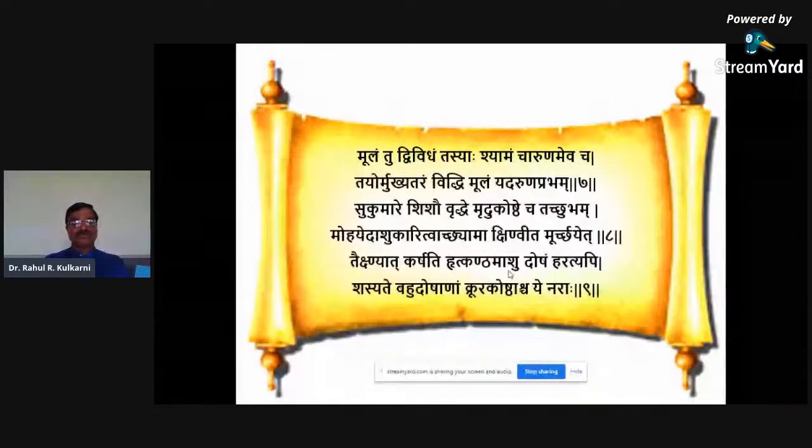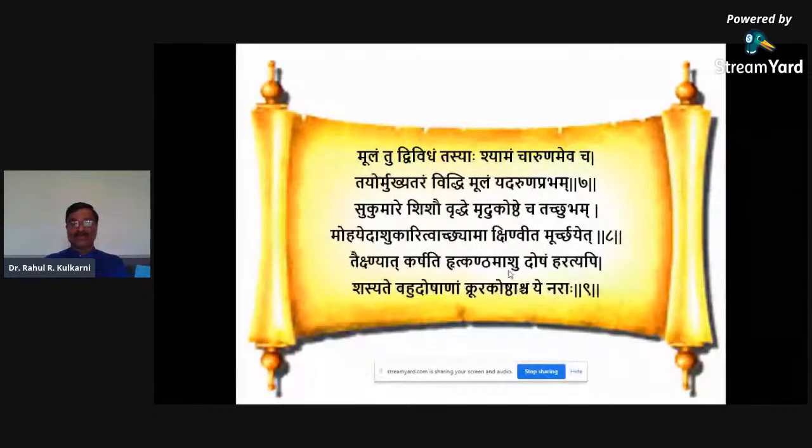Generally, these Shodhana karmas are not advised in Shishu, Vruddha, etc. But due to its gentleness and mildness, this can be used in Sukumara, Shishu, Vruddha, and even in Mrudu Koshta it is very much good and beneficial.